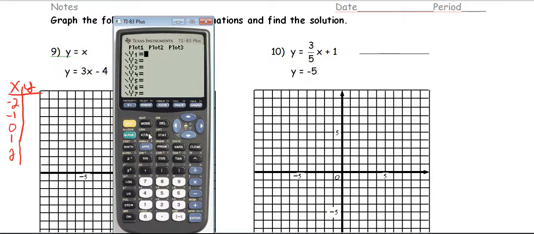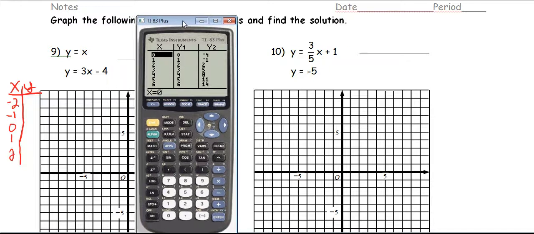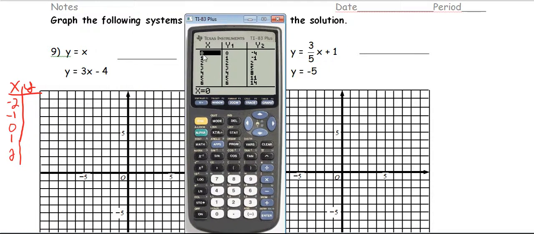I'm going to go to y equals, and I'm going to put y equals x on the first one, and then 3x minus 4. And then I'm going to look at my table. So I can see on my first equation it's going to be -2, -2, -1, -1, 0, 0, 1, 1, 2, 2.